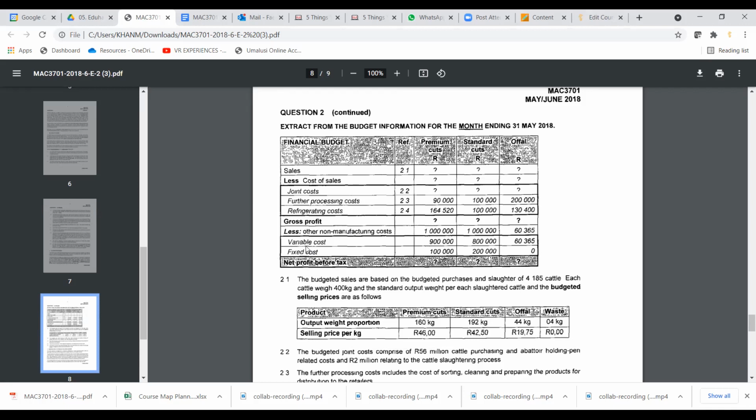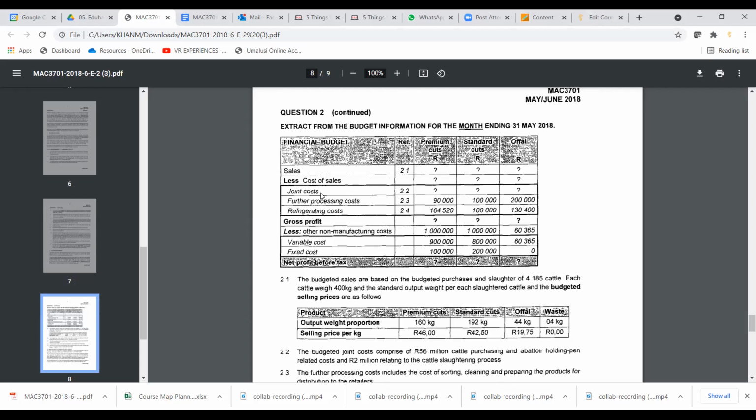Below gross profit, we are dealing with non-manufacturing costs. Whereas in the variable costing system, this is not called gross profit, it's called contribution margin. So above contribution margin we are interested in variable costs, and below contribution margin we are interested in fixed costs. Make sure you can see that distinction.